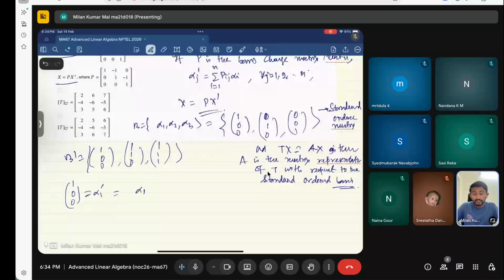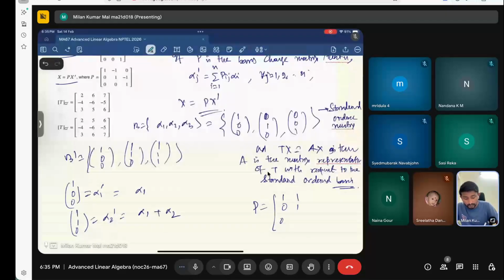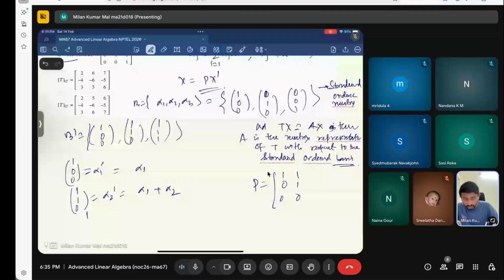So this gives the first column of P. The second one, 1 1 0, is alpha 2 dash, which is alpha 1 plus alpha 2, giving the second column of P. The third one, 1 1 1, is alpha 3 dash, which is alpha 1 plus alpha 2 plus alpha 3. This is the matrix.